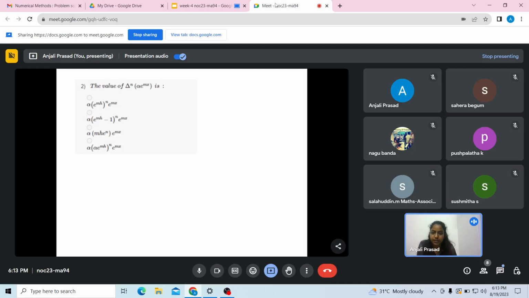First, just apply del, that is forward difference operator, on alpha into e power mx, and then you can find del square. That is, again you have to apply the forward difference operator, and then you can generalize it for nth term.